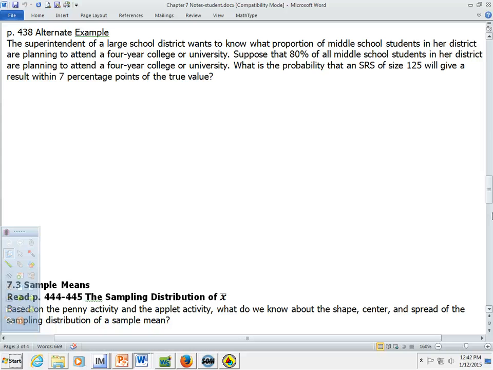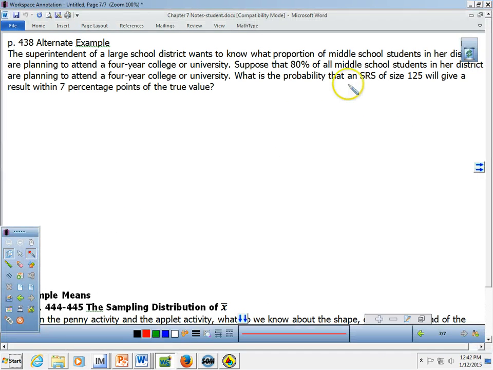Okay? So I want to talk about taking a sample of 125 that gives us a result within 7 percentage points of the true value. Okay?